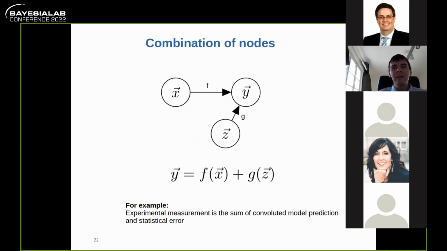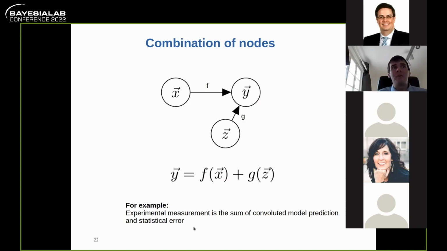The last ingredient in our toolset to construct Bayesian networks for nuclear data evaluation is, of course, the sums, as I've shown you with the cross sections. If we have a sum of two nodes which are propagated nonlinearly, we can also depict it as a block in a Bayesian network. Here's an example of why we would use this.